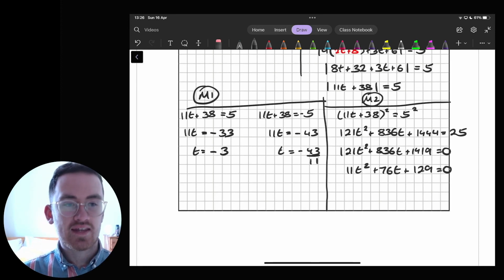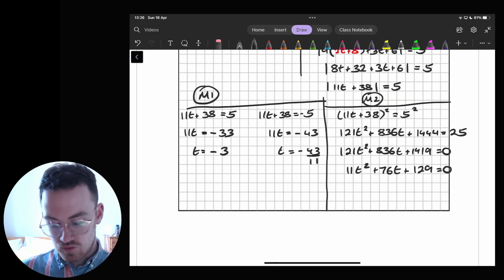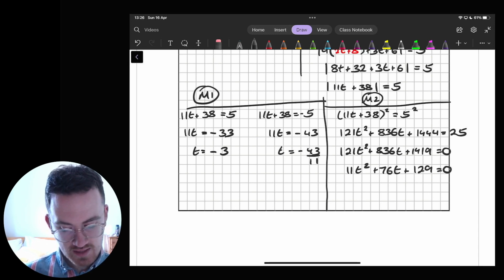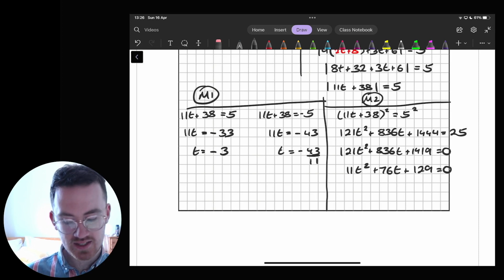So we could, at this point, I suppose, use our quadratic formula to speed this up for us. Now we have the luxury, I suppose, in this one of knowing the answers that we're going towards. So we want two numbers that will multiply to give me 1419, but add to give me 76.